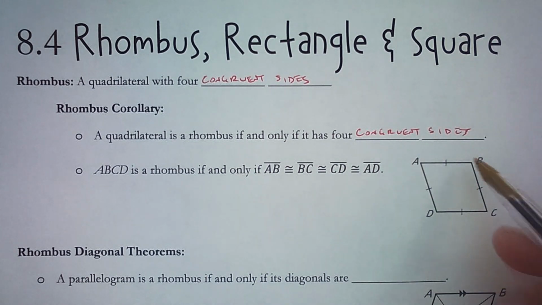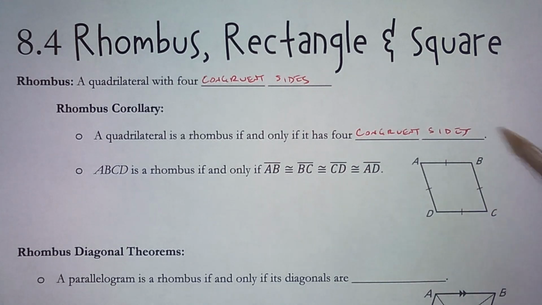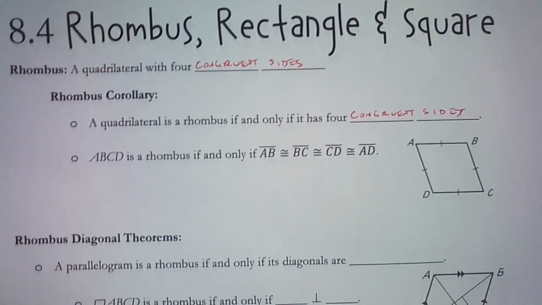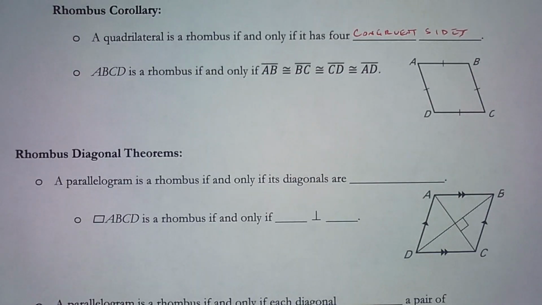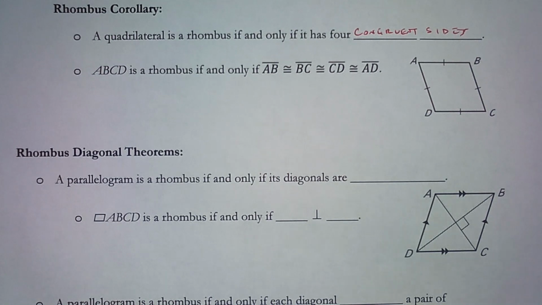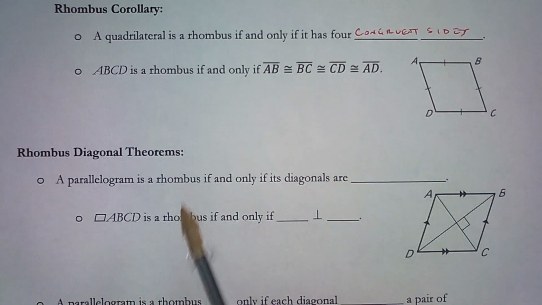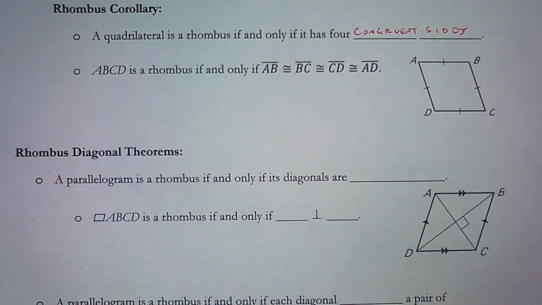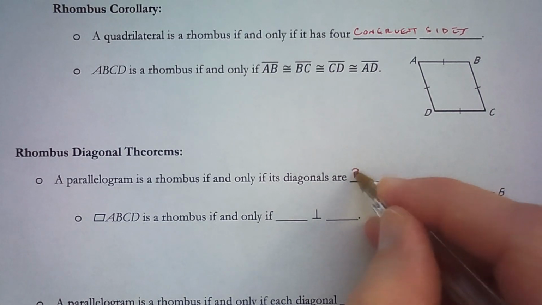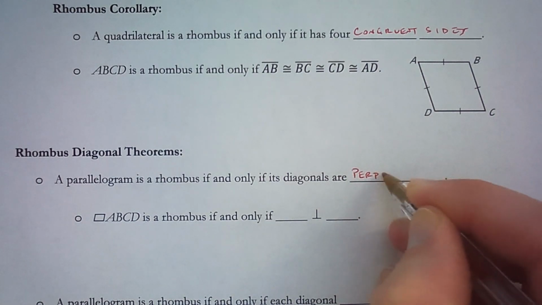So here is a quadrilateral, ABCD, and it is a rhombus if and only if AB is congruent to BC and CD and AD. Some theorems about rhombus diagonals. A parallelogram is a rhombus if and only if its diagonals are perpendicular.